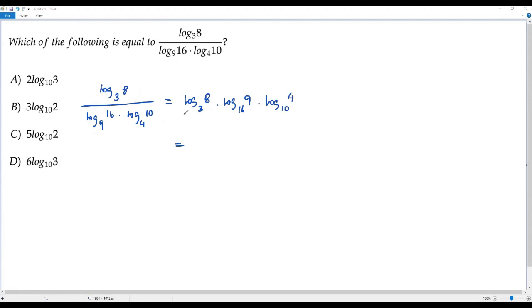Here my aim is to get base 10 for all the logarithms. For the first logarithm, the base is 3. To get base 10, I have to write two logarithms in division, that is, log over log, with base 10 for both. For the logarithm in the numerator, I take the 8 as the argument, and for the logarithm in the denominator, I take the base 3 as the argument.